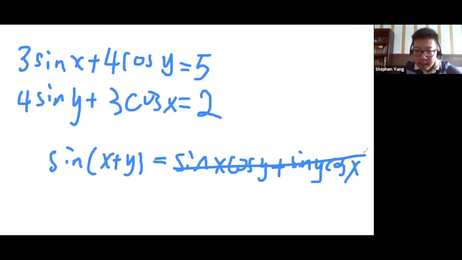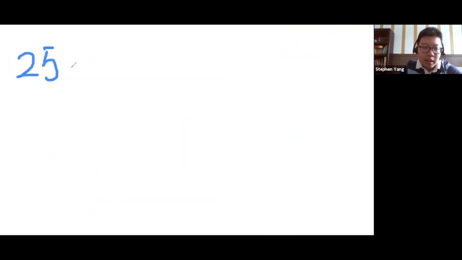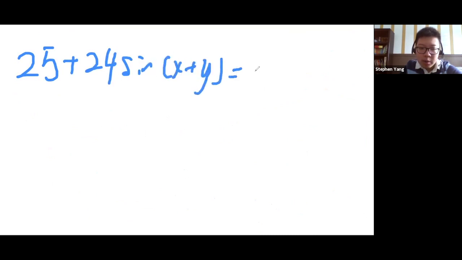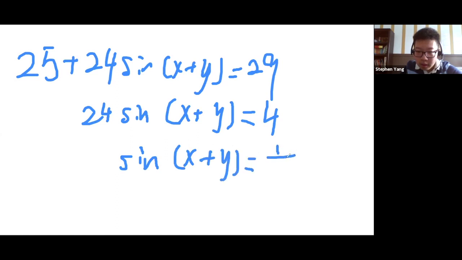Now looking back, that is sine of x plus y. So we'll get 25 plus 24 sine of x plus y is equal to 29, which means 24 sine of x plus y is equal to 4, which means sine of x plus y is equal to 1/6.